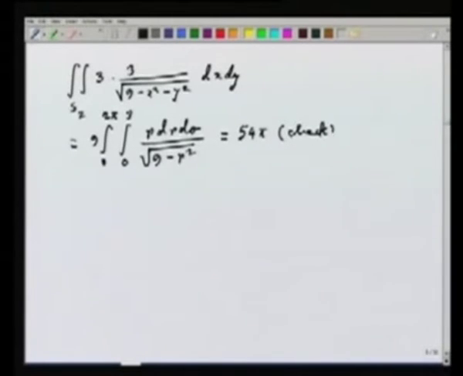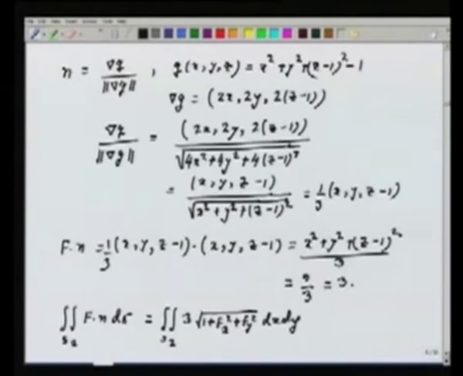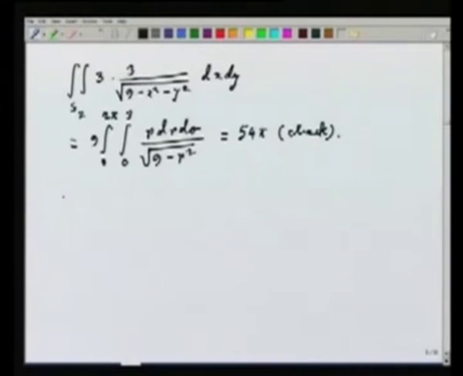But there is an easier way of doing it, because ultimately you are interested in doing what? What is the integral I am trying to calculate? Well, the integral I am trying to calculate is double integral over S2 of 3 times d sigma. So let us look at it directly.